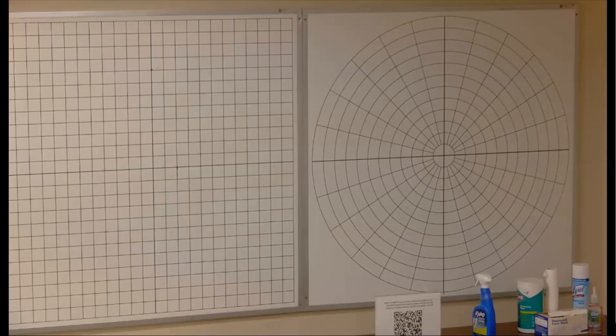That means 7 times -5 plus u2, which is 2, times v2, 3. That's going to be -35 plus 6, which is negative 29. See the result? The result for the dot product is just a number.